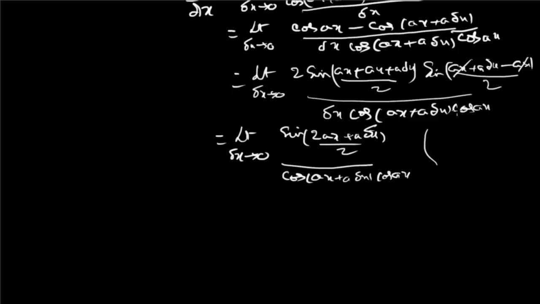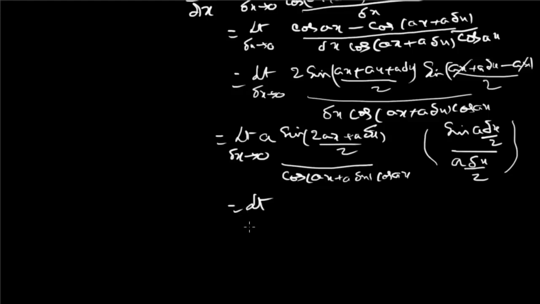Here sin a delta x by 2 is there, by delta x, and by 2 also is there. Already that numerator can be brought to the denominator, but this cannot be brought into sin theta by theta form. So what we do, we multiply by a and divide by a.